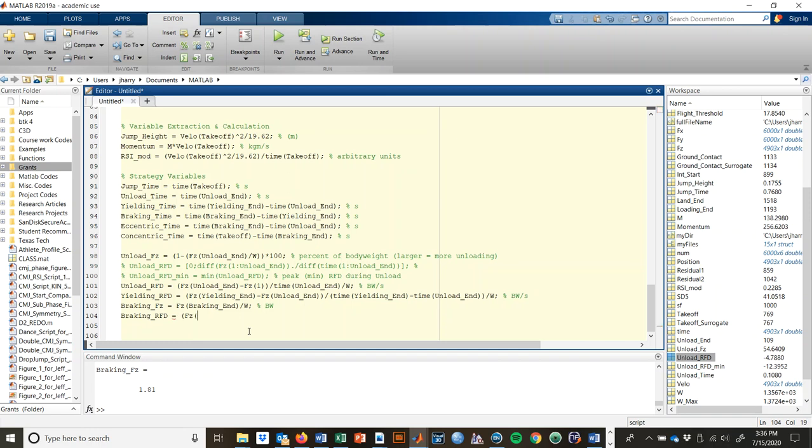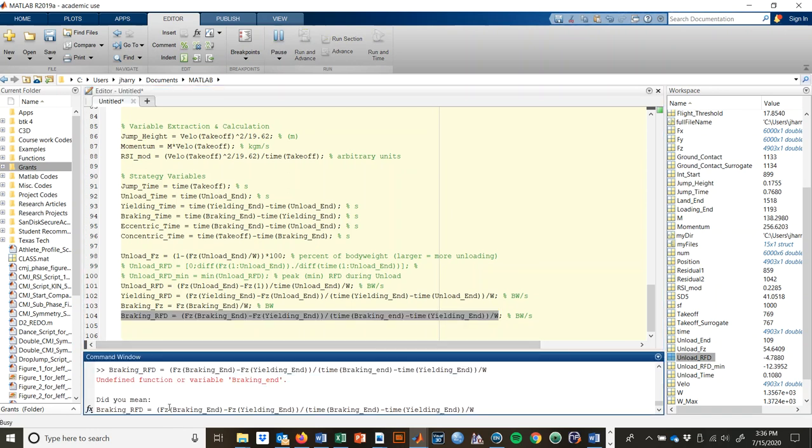So we'll take the force at braking end, we'll subtract the force at yielding end, and we will divide by time at braking end minus time at yielding end. We will divide by body weight, so we get body weights per second. And this would be the rate of force development when braking.